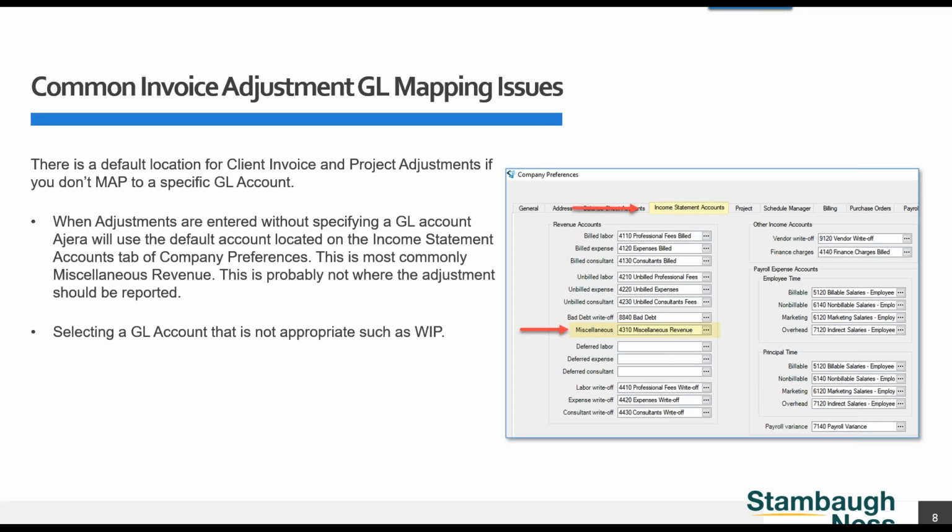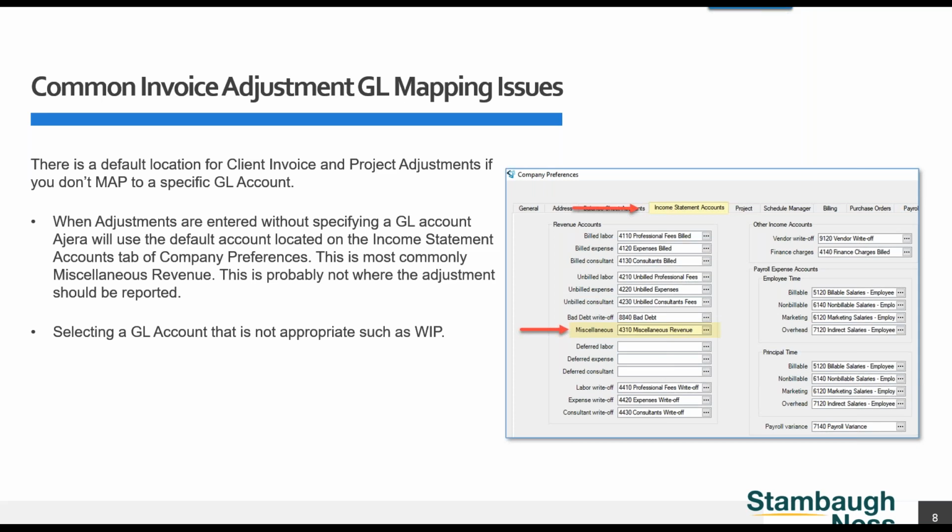So that's my first bullet point. Another common issue that we see is we pick a GL account that isn't appropriate. This is just a training topic for your team. Anyone on your team that is setting up projects that could potentially set up an adjustment phase, or anyone working on client invoicing, we really need to train them and maybe document.